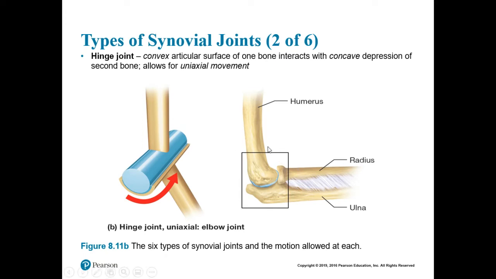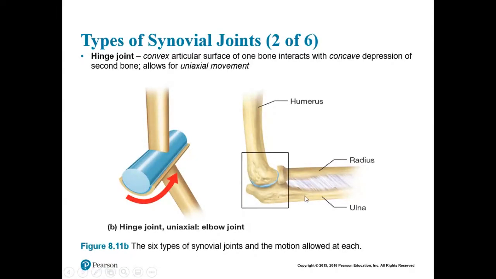The humerus contains a distal fossa right here posteriorly, which allows for the interaction with this part of the ulna here. As the ulna performs its flexion, this olecranon is going to move away from the fossa.